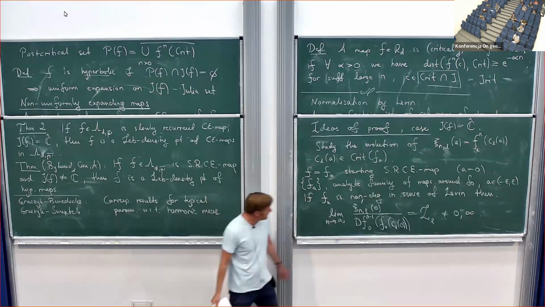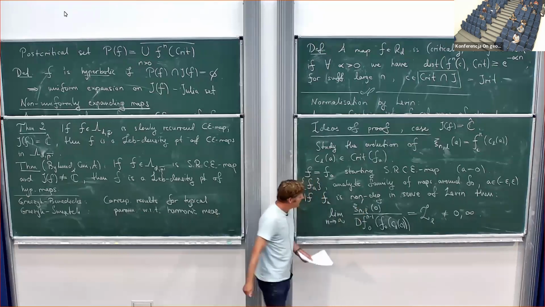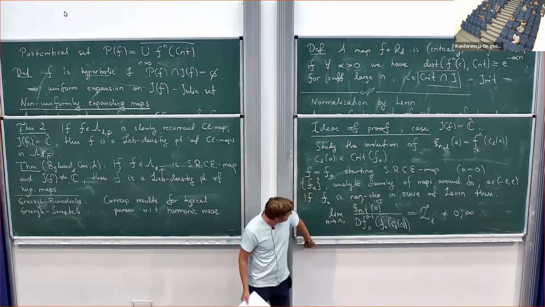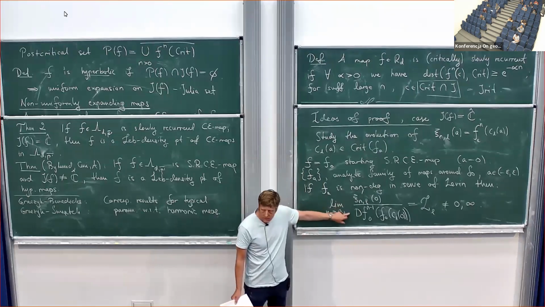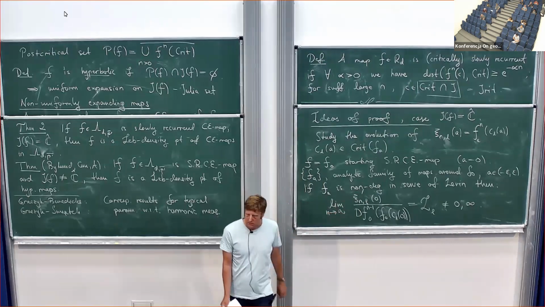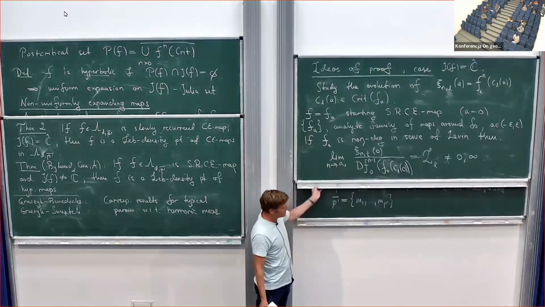This means that you can sort of compare the parameter derivative and the space derivative. This is very important when you want to do these parameter exclusion techniques.